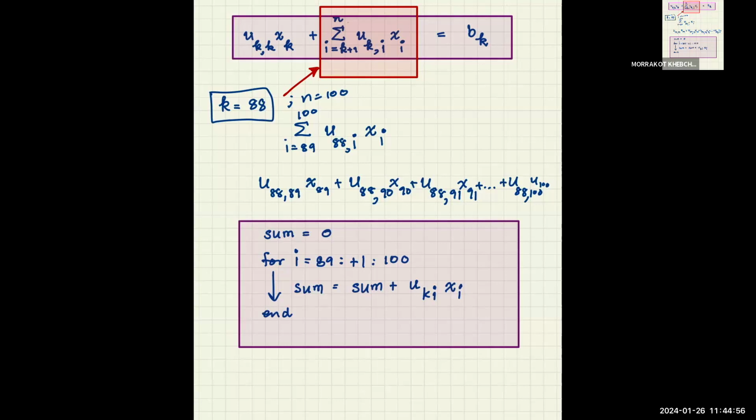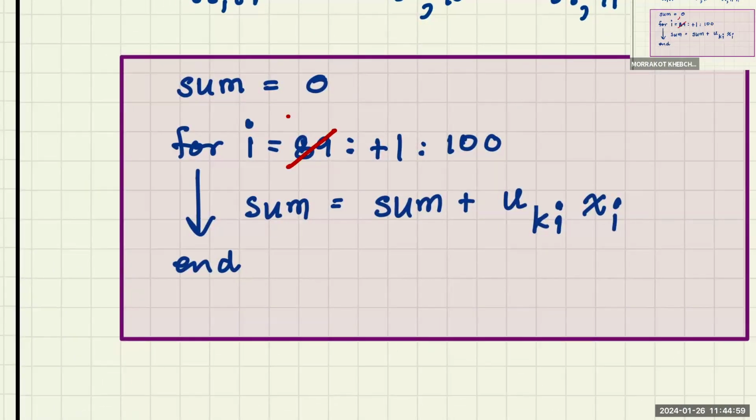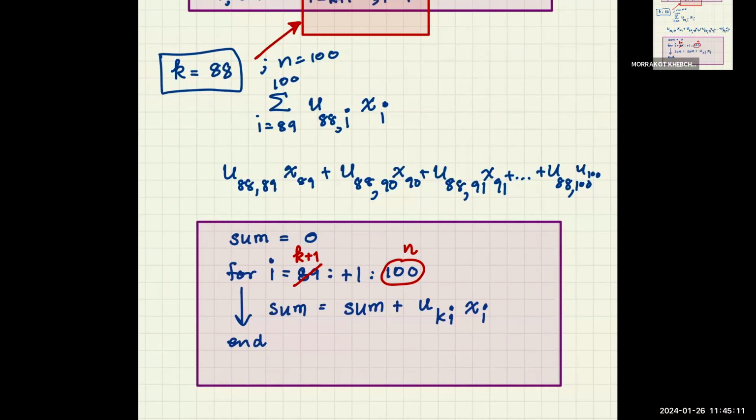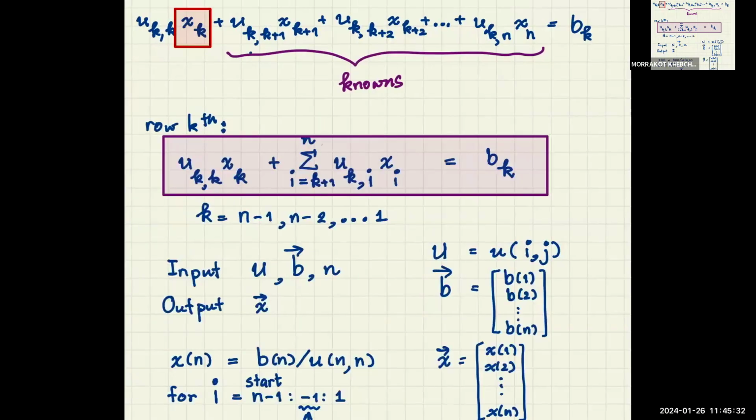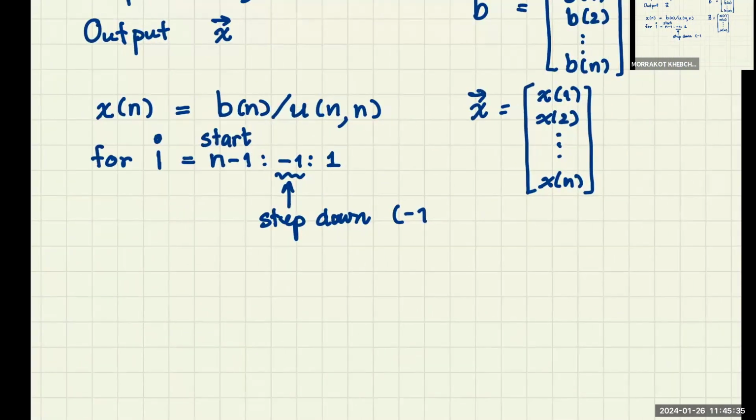So now, instead of this, add step k. So it's going to be k plus 1 up to n, right? Because now I'm at row 88, but for the general case, suppose k is 88, you sum from 89. If k is 1, you sum from 2 to 100, okay? So this is how we calculate the summation. So we start from n, step down to 1.